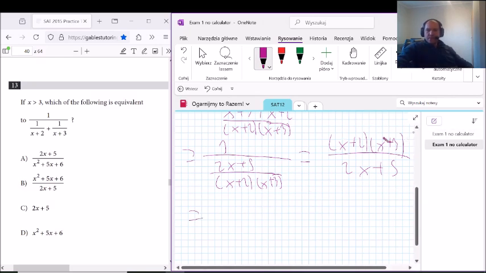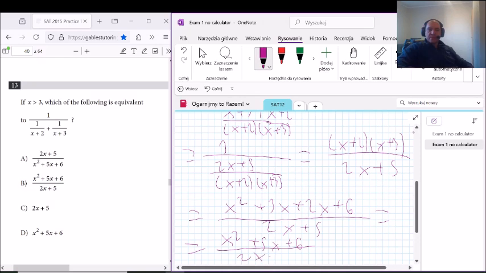So when we multiply this, we will have x squared plus 3x plus 2x plus 6 divided by 2x plus 5. And now the last thing, we can simplify this formula and we get x squared plus 5x plus 6 divided by 2x plus 5. And yes, now we can see that this is answer B. So it's answer B is the correct answer.